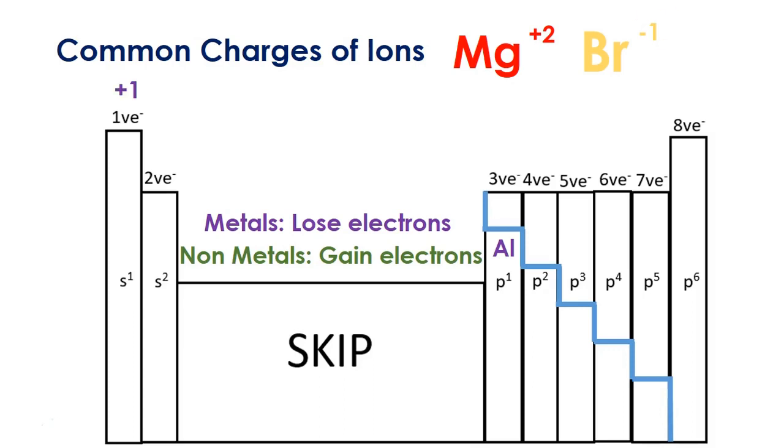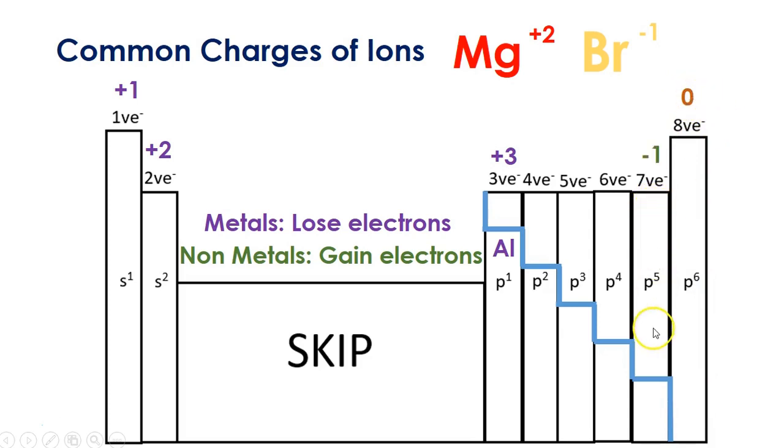If you take a look at this column over here, all the elements in this column are going to have a positive 1 charge in order to gain a noble gas configuration. The second column is going to have a positive 2, and then this column, aluminum, is going to have a positive 3. Then we take a look at our noble gases. We know noble gases really don't have a charge, so we say their charge is just 0.